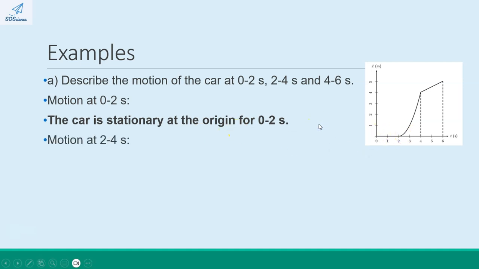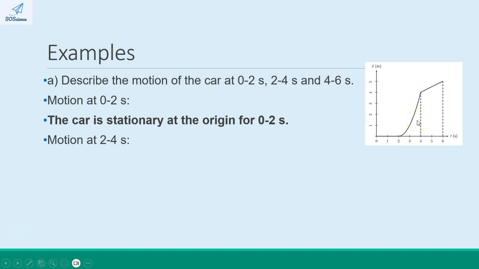Now let's take a look at the motion from 2 to 4 seconds. Remember that a curved xt graph tells us that there is a constant acceleration. Now, because the curve looks like this, and remember we learned about 4 different types of xt curves in the case of constant acceleration, in this case, we have a speeding up because we have a less steep gradient to a more steep gradient.